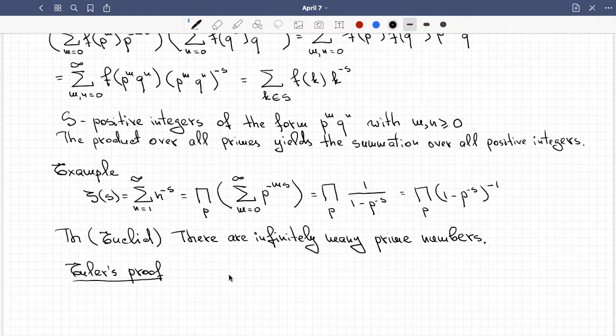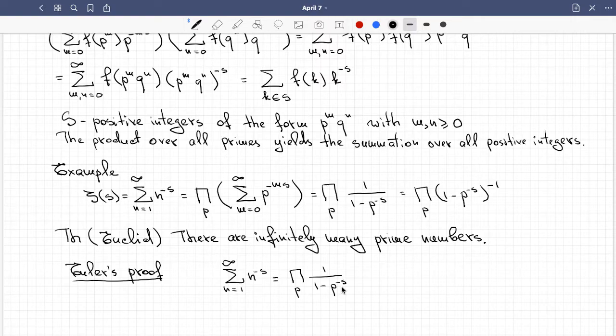We have the identity: the sum from 1 to infinity of n to the minus s is equal to the product over all primes of 1 minus p to the negative s, all to the power of minus 1. What is that?